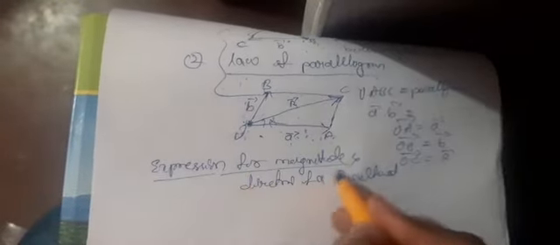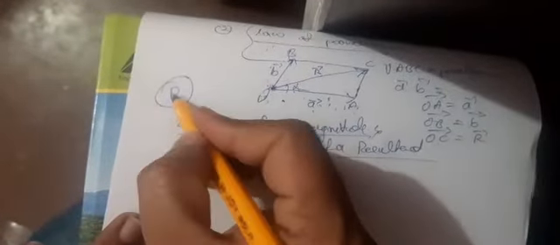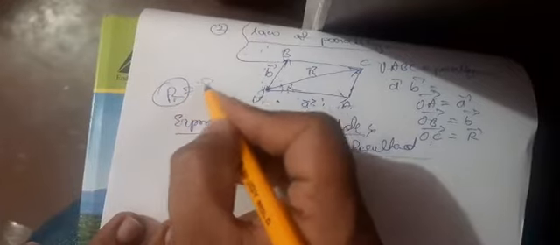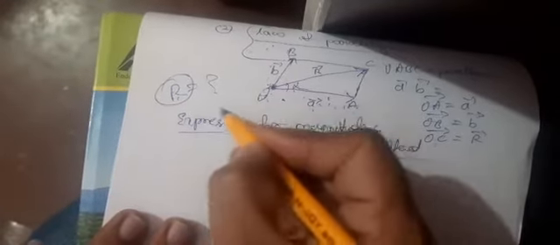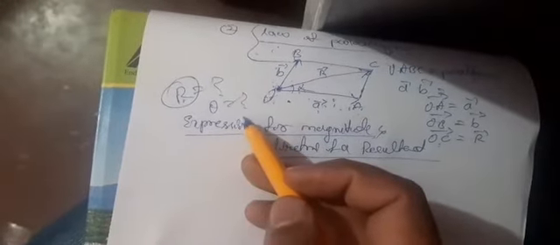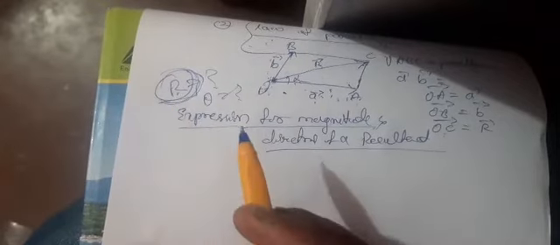Magnitude is capital R, so we find the capital R. Direction of the resultant is theta, the angle of the resultant. First, find the magnitude of the resultant, the capital R value.